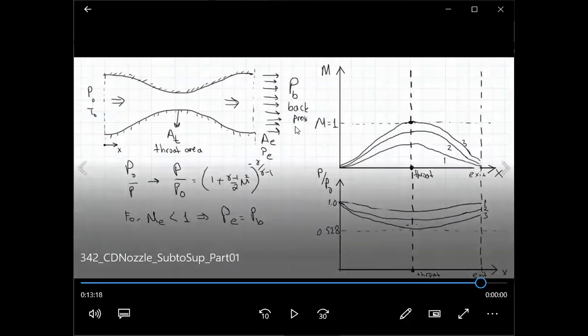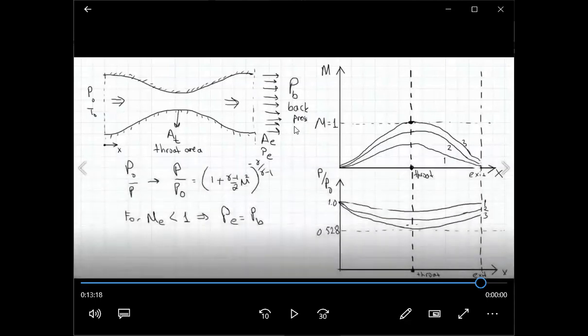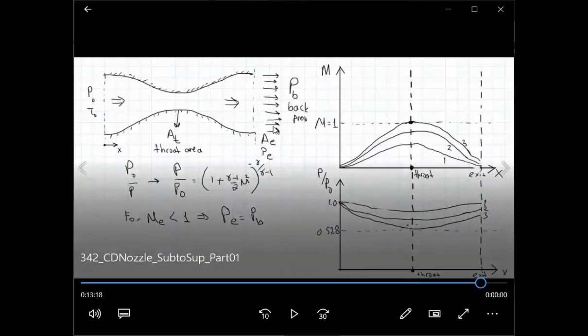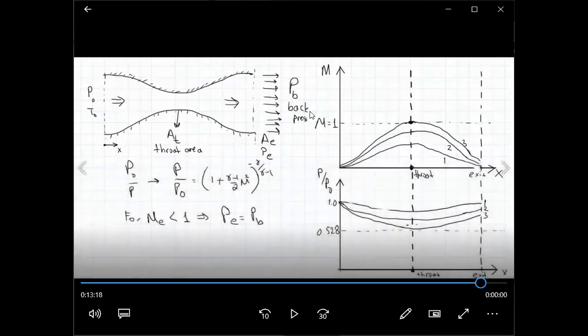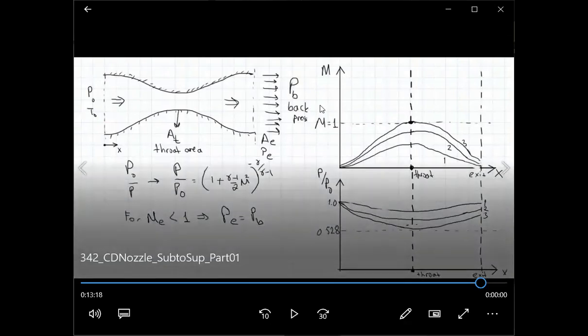As it's said in the video, it's probably the atmospheric pressure, if this jet is issuing into an atmosphere. If it's operating in space, the back pressure will be 0, for example, in that extreme condition. PB is that outside condition, or we can call it P ambient.